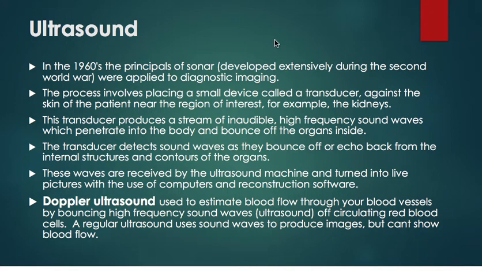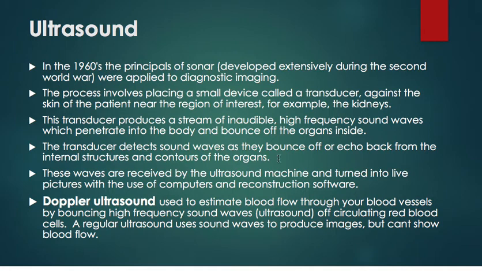Then the transducer produces a stream of inaudible high-frequency sound waves, which penetrate the body. They go into the organ that we're trying to visualize, and they bounce off, or echo back from those internal structures back to the transducer, and it contours the organs so that we can visualize them.